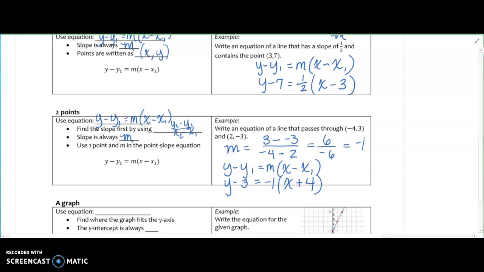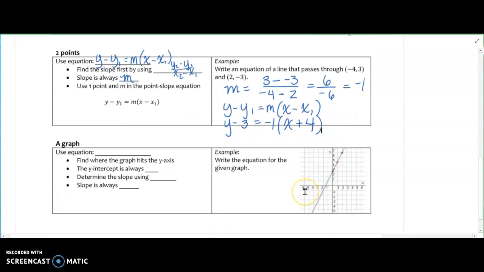Okay, so now we can write an equation when we're given a graph. I never talked about this, but we're going to use the y equals mx plus b. And here's why. Because from a graph, we can find the y-intercept and we can find the slope. So we're going to find where the graph hits the y-axis.